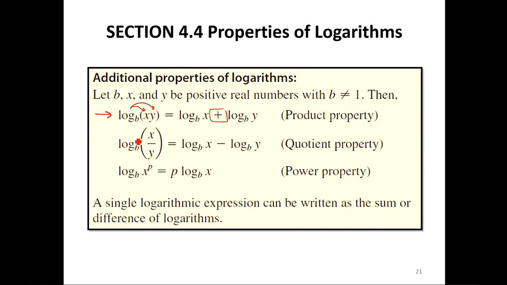If we have a fraction, log of x over y, we can distribute the logarithm on the x and y, but put a minus between them. So log of the numerator minus log of the denominator: log x minus log y. Each logarithm has the same base b.